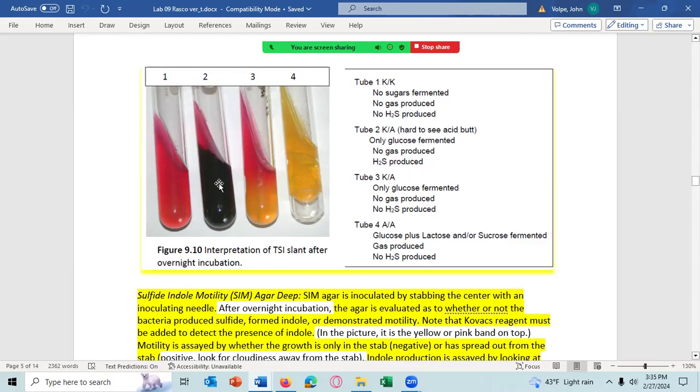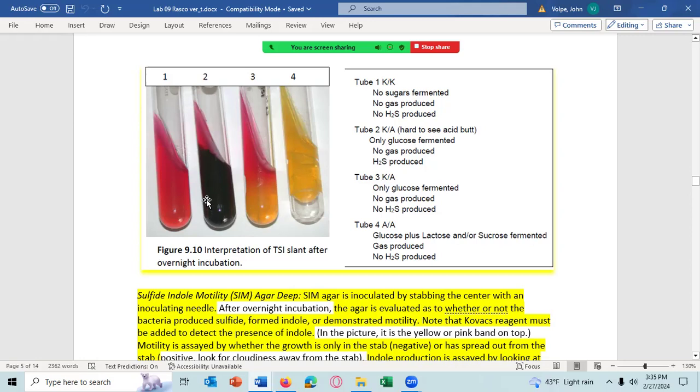Here we have K in the slant, or you could write that negative, no change. And then it's got A in the butt, and that's because whenever you have hydrogen sulfide being produced, you have fermentation occurring. So fermentation has to happen before hydrogen sulfide gas can be produced.